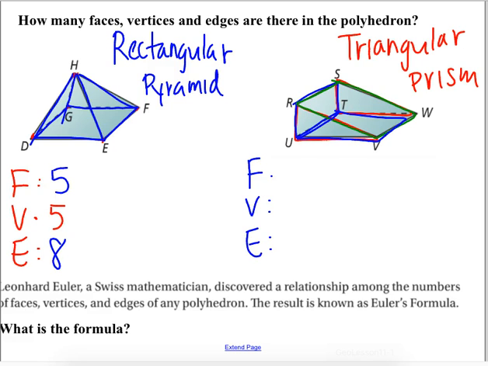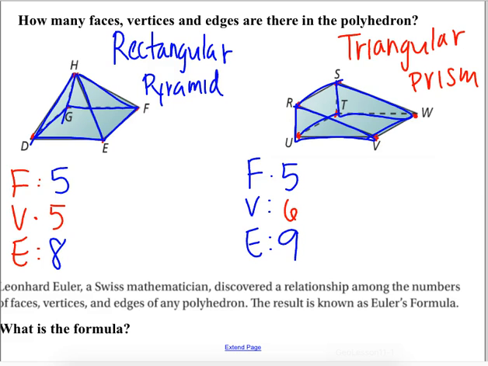So 2 bases and 3 walls give me a total of 5 faces. Okay, now count your vertices: 1, 2, 3, 4, 5, 6. And then your edges: 1, 2, 3, 4, 5, 6, 7, 8, 9. 9 edges.